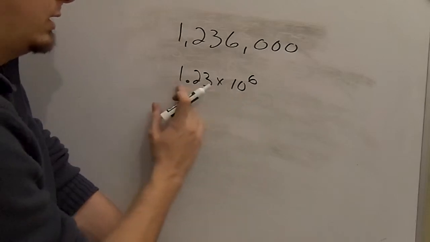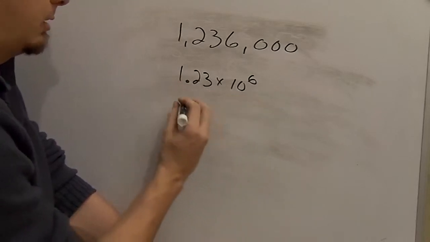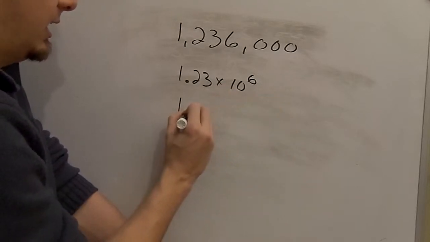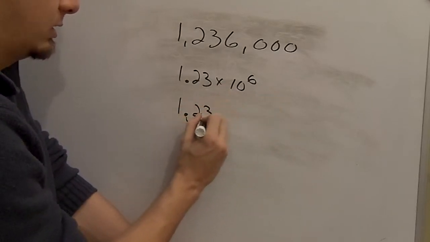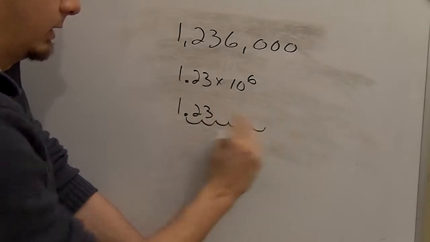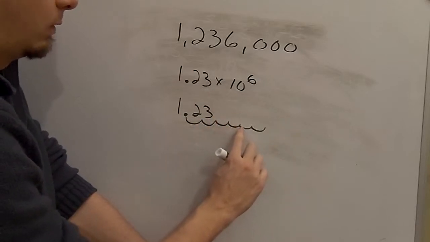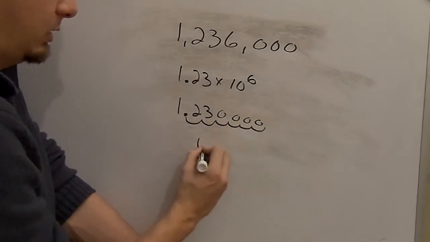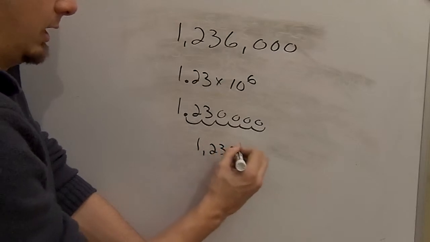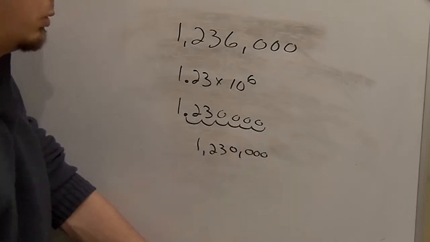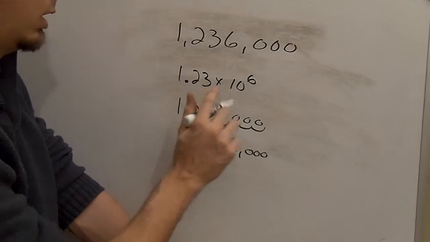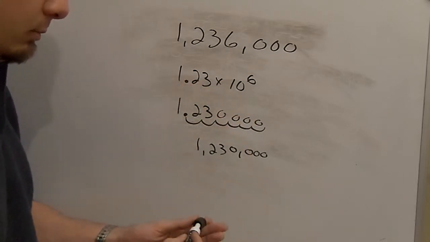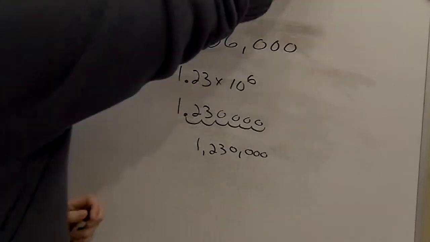If you write 1.23 times 10 to the 6th power out, since we're multiplying by 10 to the 6th power, that moves the decimal over 6 spaces to the right. 1, 2, 3, 4, 5, 6 spaces to the right. All those blanks get filled with zeros. And so we actually end up with 1,230,000. Typically, when you're writing scientific notation, we don't write more than 2 decimal places over. And I'll talk a little bit more about that here in just a moment.